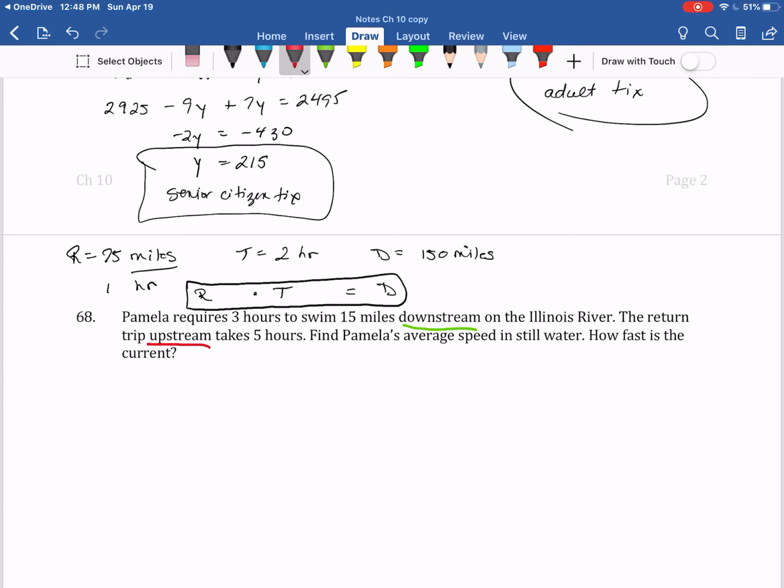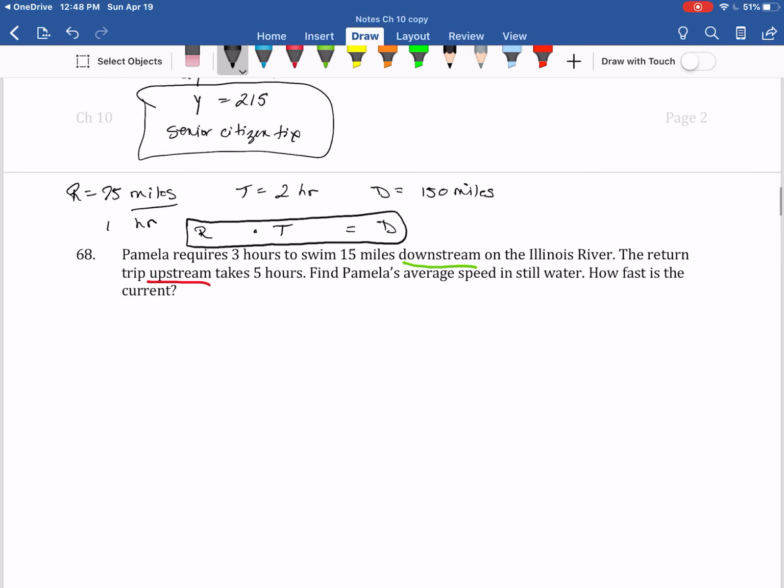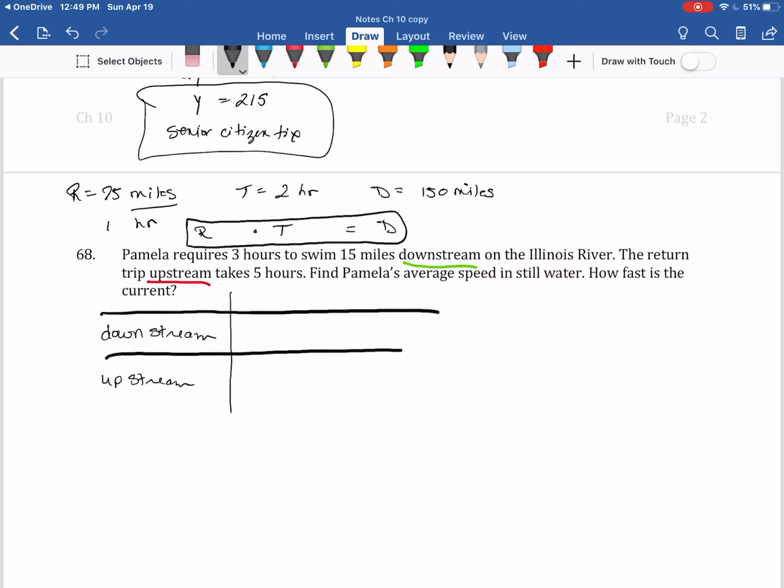Let's begin our setup here, our little table or our spreadsheet kind of thing. So we've got downstream. And we've got upstream. Okay.